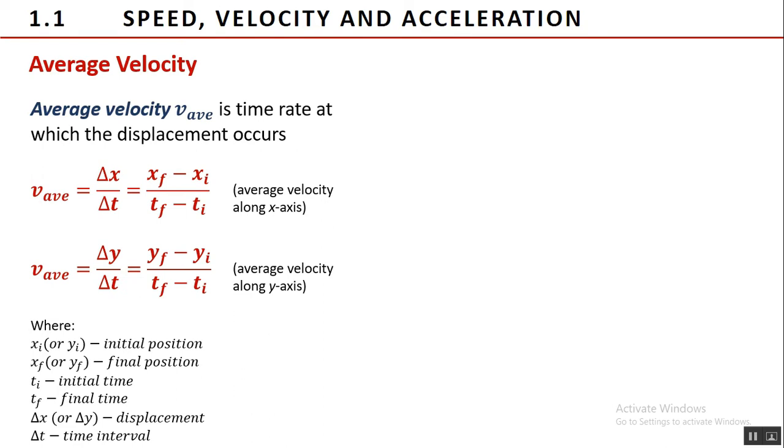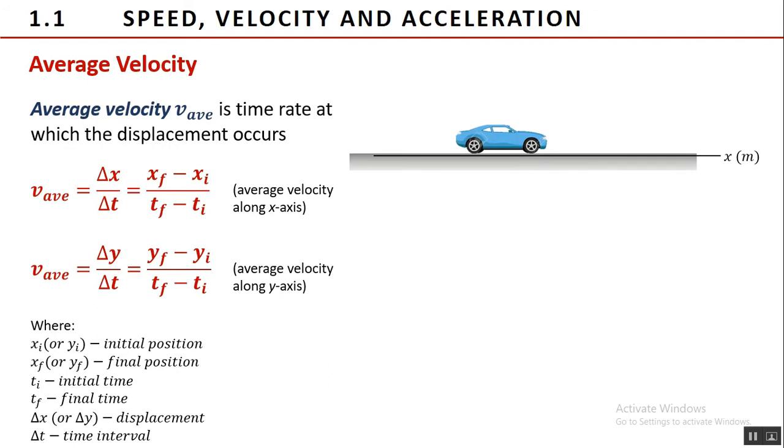To comprehend these things, let's say we have a car that moves along a horizontal road, or along the x-axis. The average velocity of the car can be described. First, we set an arbitrary origin, say the stop sign, in order to describe the car's position at any point in time. So let's say at initial time t sub i, which is 0, the car is initially 10 meters from the stop sign.